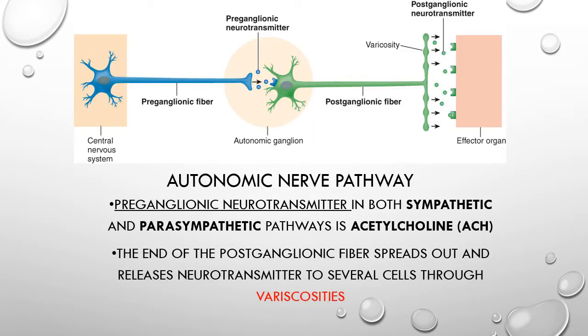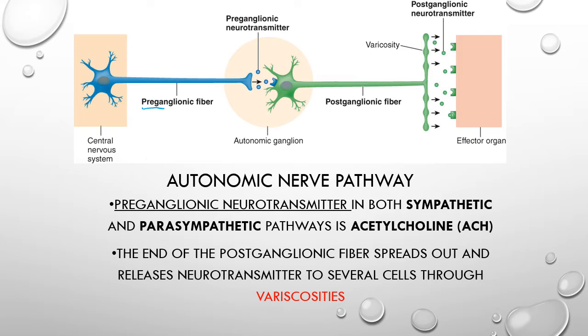And so as it goes along, we have our preganglionic neuron. It comes along and it releases its neurotransmitter into the synapse. It binds to that postganglionic neuron. This neurotransmitter here in both sympathetics and parasympathetics is acetylcholine. And so the preganglionic neuron is releasing acetylcholine onto that postganglionic neuron.